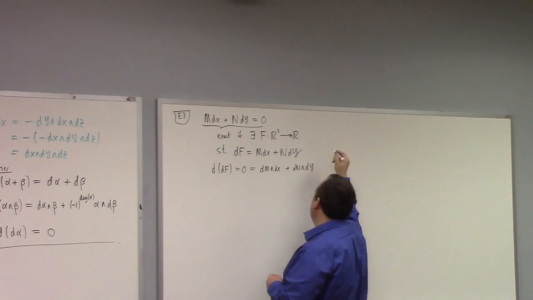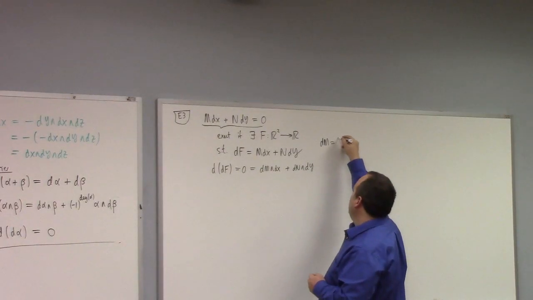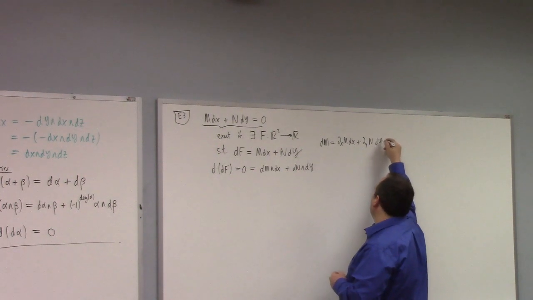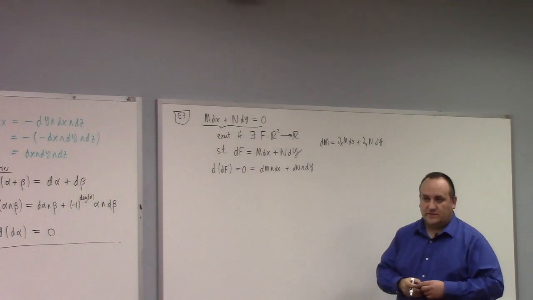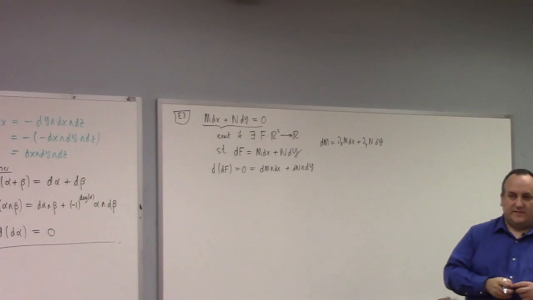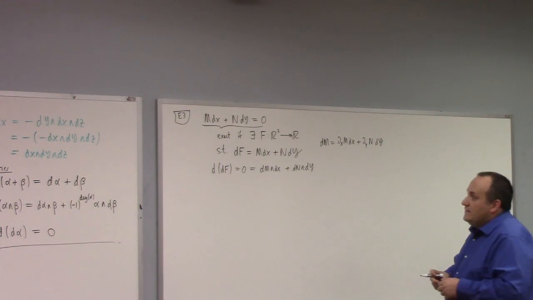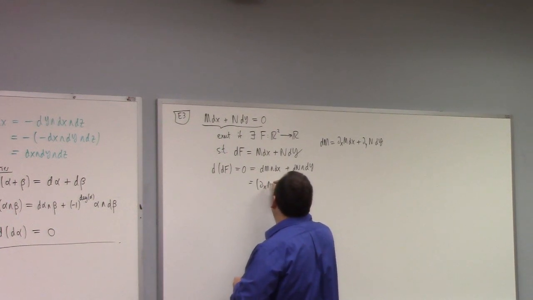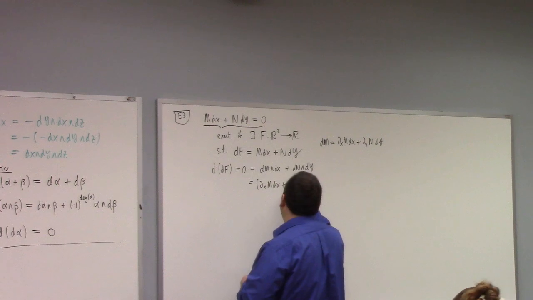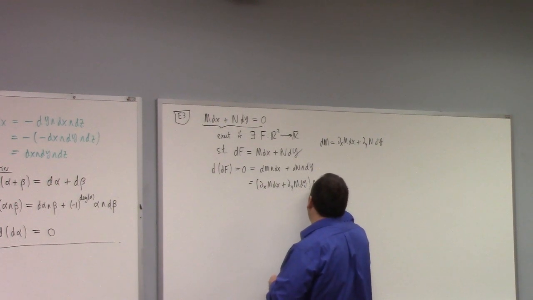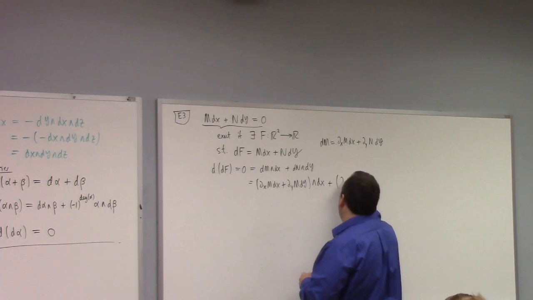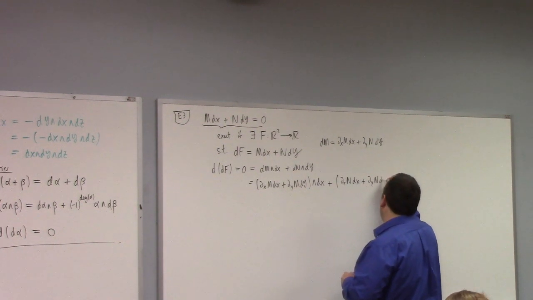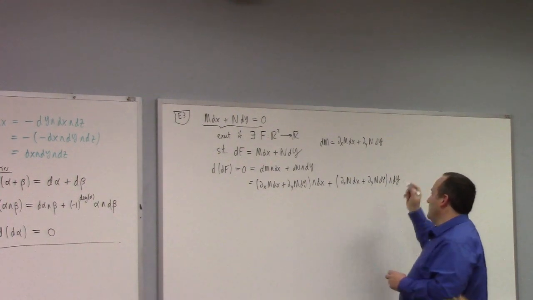Now here, dM is just partial x M dx plus partial y M dy, because we're in 2 dimensions. So the total differential is less adventurous. But you see what happens is you get partial x M dx plus partial y M dy wedge dx plus partial x N dx plus partial y N dy wedge dy.